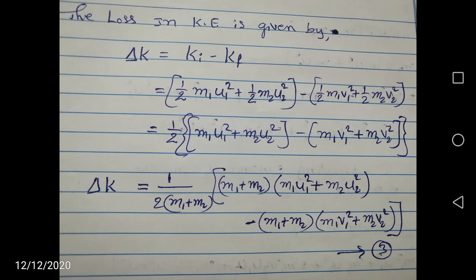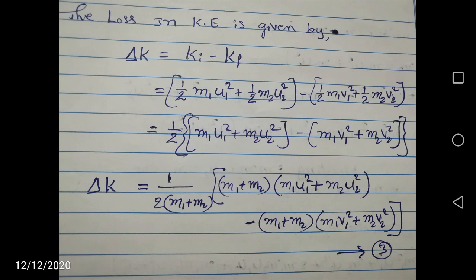Now the loss in kinetic energy is given by delta K, which is the difference in the kinetic energies of the colliding system before and after the collision. Here, the kinetic energy of the colliding system before collision is half m1 u1 square plus half m2 u2 square, minus the kinetic energy after the collision, half m1 v1 square plus half m2 v2 square.